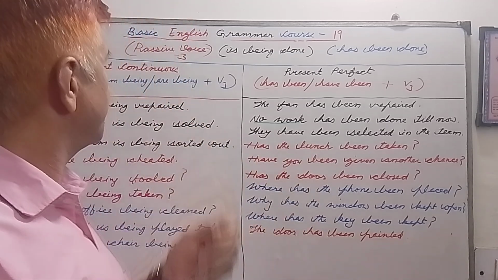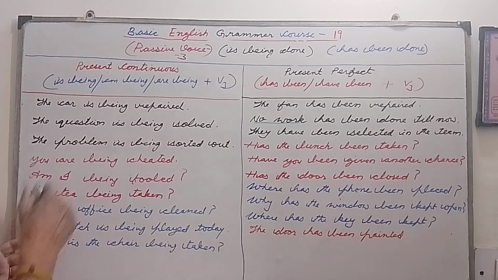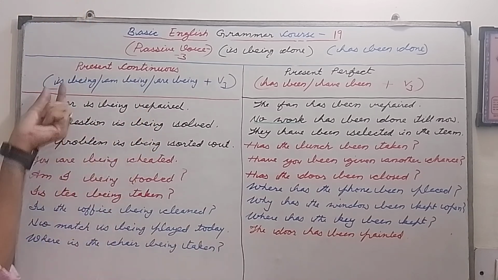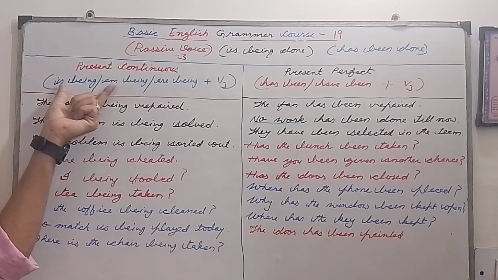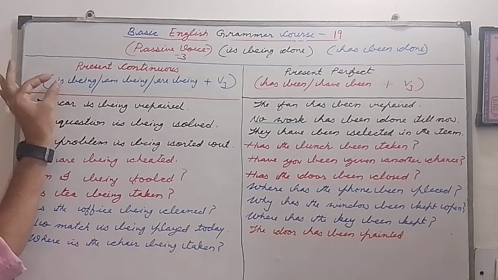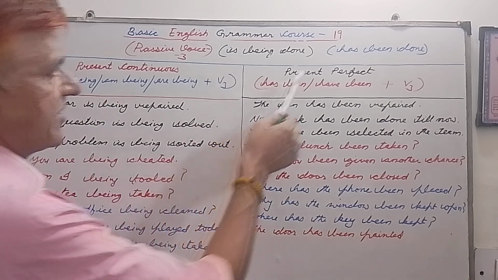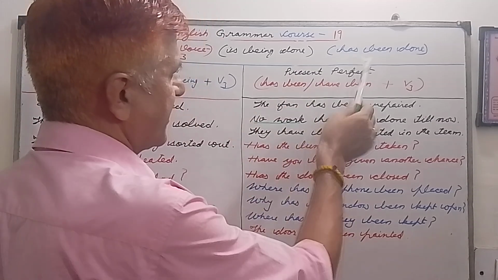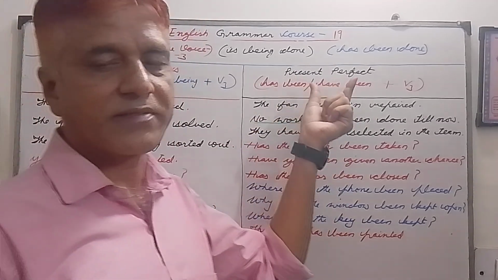So my dear students, now if you want to do passive voice of past continuous, then is being, am being, are being will be replaced by was being or were being. And in passive voice of past perfect, has or have will be replaced by had.